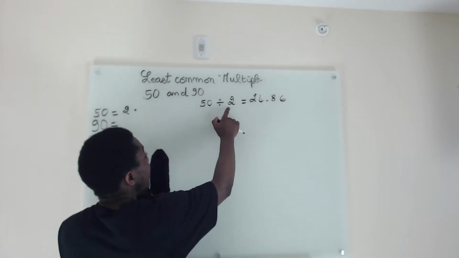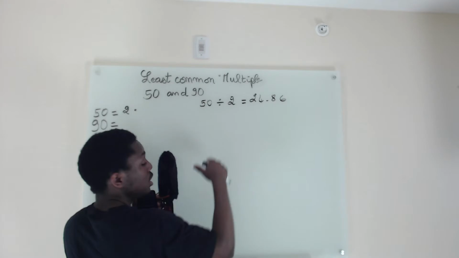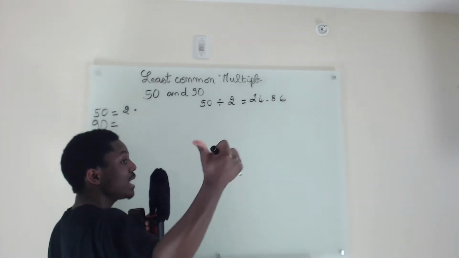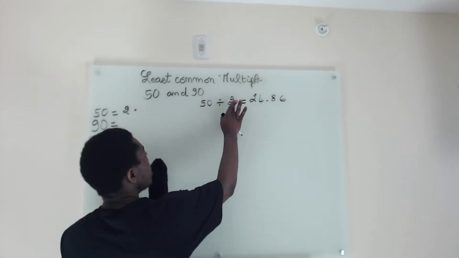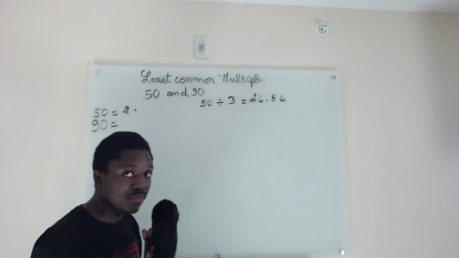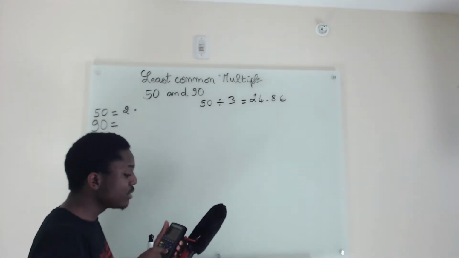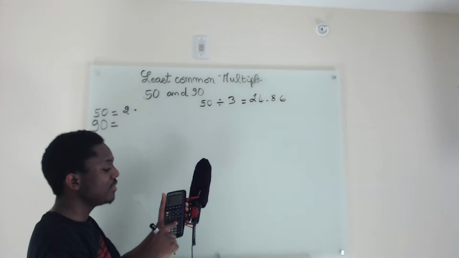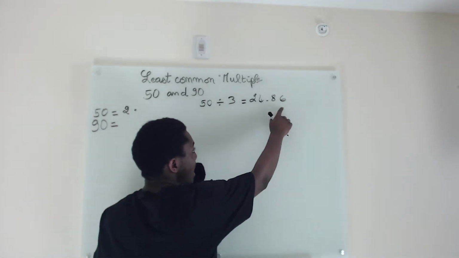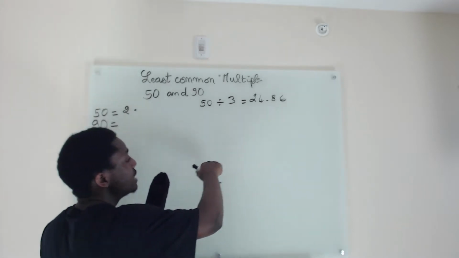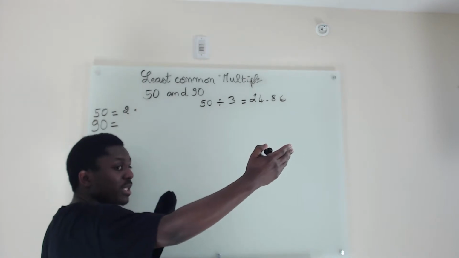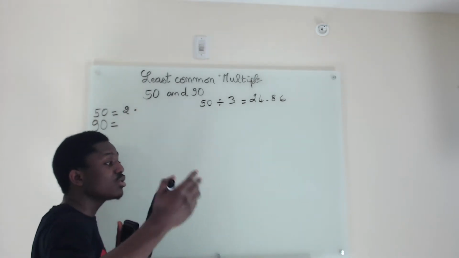So I have to change the number 2 to the number that comes after 2, which is 3. I put the number 3 and take my calculator again and divide 50 by 3. If I end up with a decimal, then I change the number 3 and take the following number, which is 4, and so on and so forth.